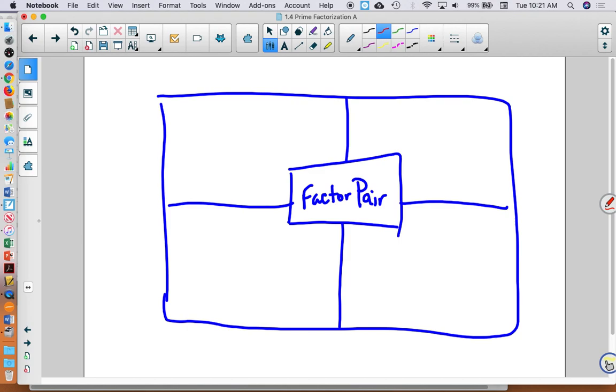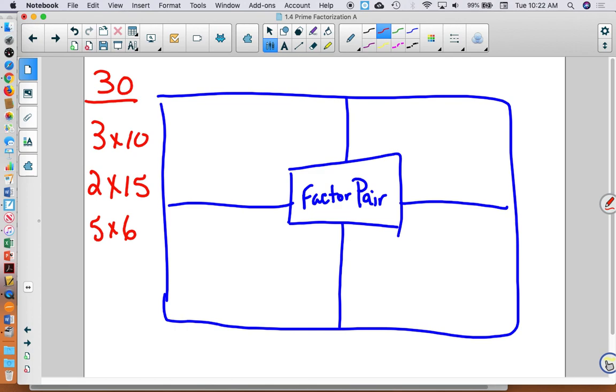I agree with that. Up here on the number 30, if I wanted to know the factor pairs of 30, could I have 3 times 10? Yep. Could I have 2 times 15? Yes. Could I have 5 times 6? Yes. Those are all factor pairs. It is a pair of two numbers that, when multiplied together, equal a specific product.